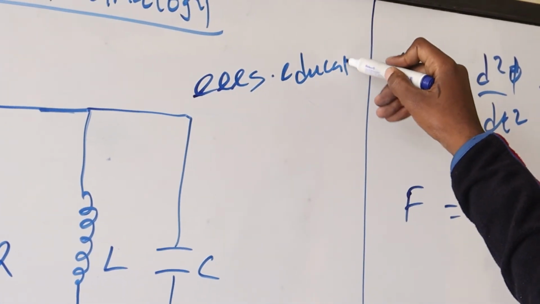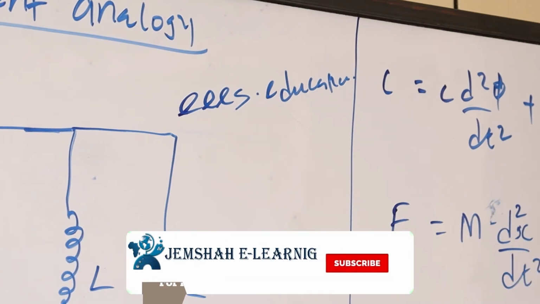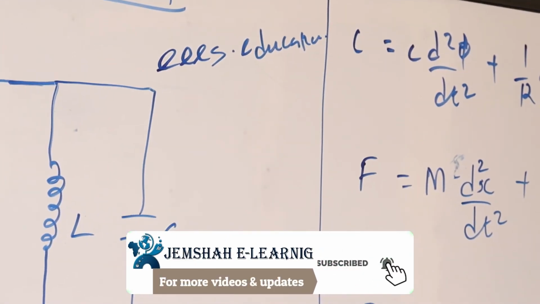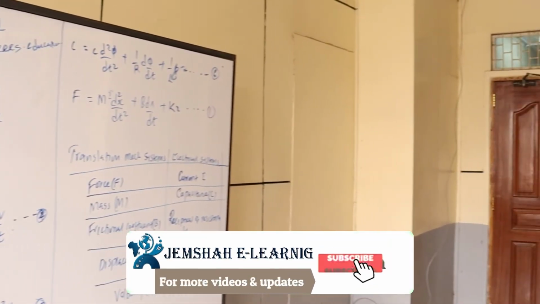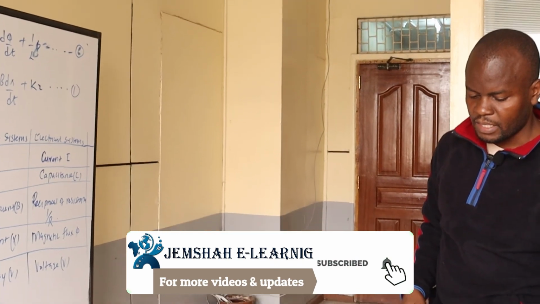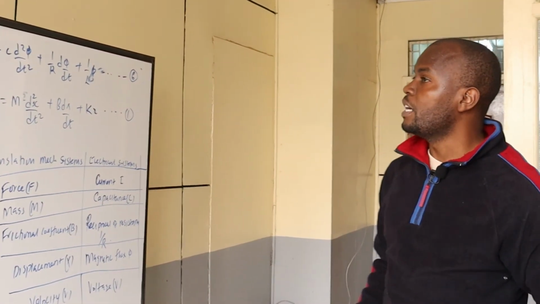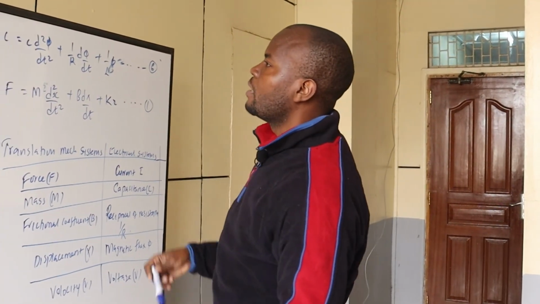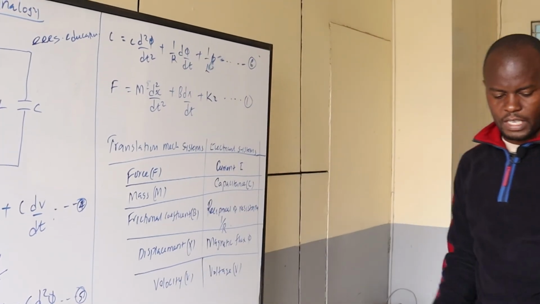You can find the torque-current analogy as well as the torque-voltage analogy. That is the analogy of the rotational systems. And that is what we can have as far as the analogous systems between the electrical systems and the mechanical systems.